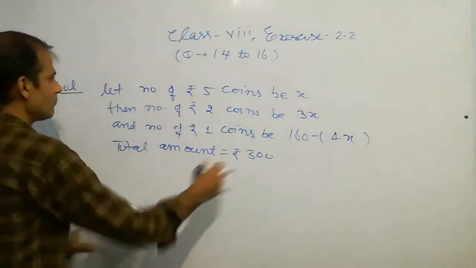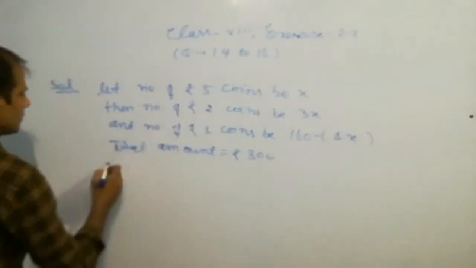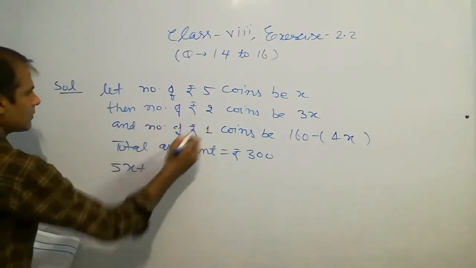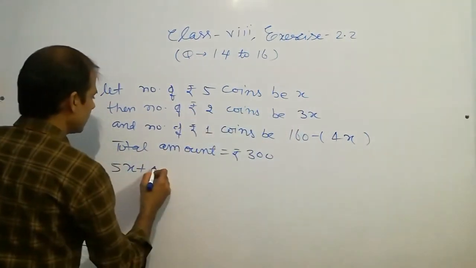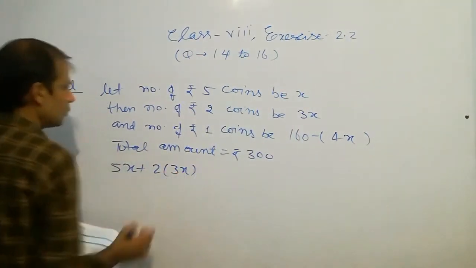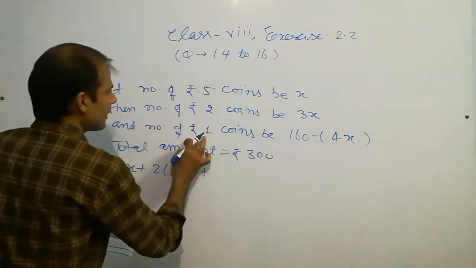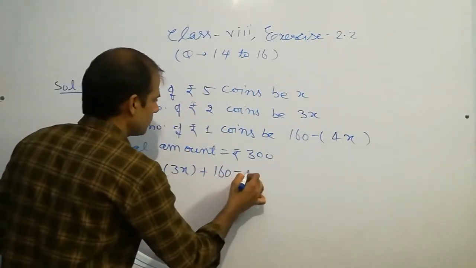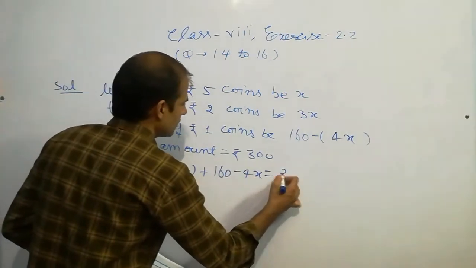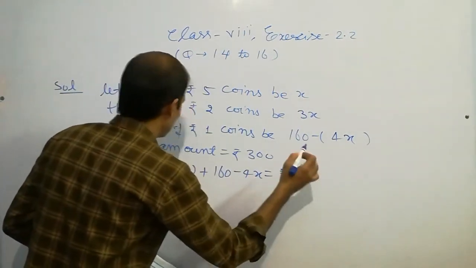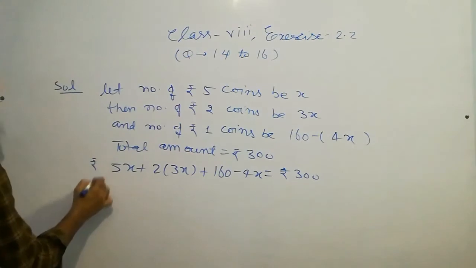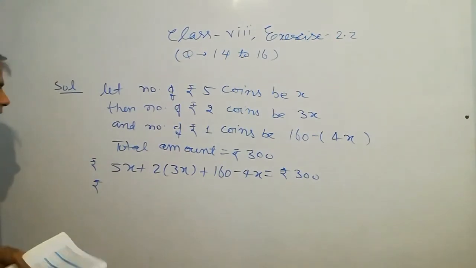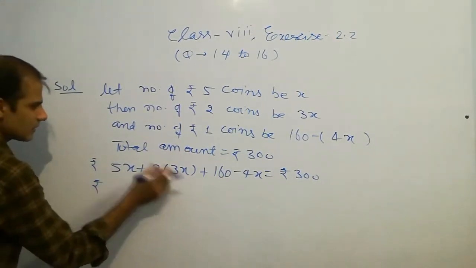So it is 5x plus 2 into 3x plus 1 into this number. So we get the same number, 160 minus 4x, that is rupees 300. Finally, this is 5x, this is 6x.